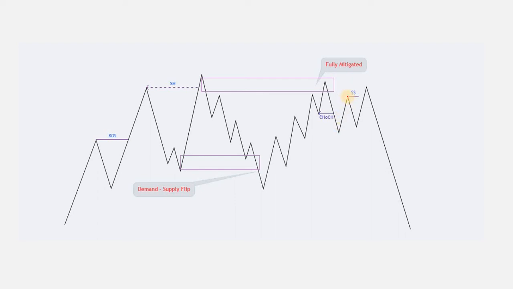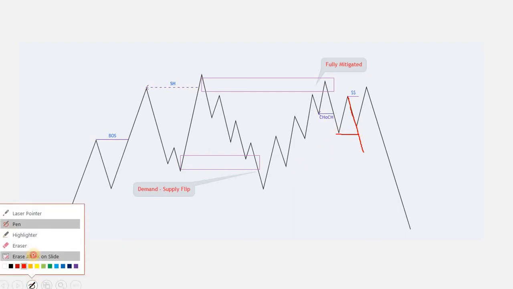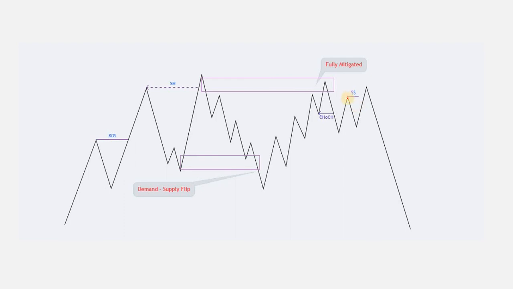Now we expect this high to be able to continue this move to break structure, but instead what happened, this high could not trade below this low. When this happens, most likely it tells us that it's going to be traded through. This high is going to be traded through, and so this is the liquidity inducement we are talking about.